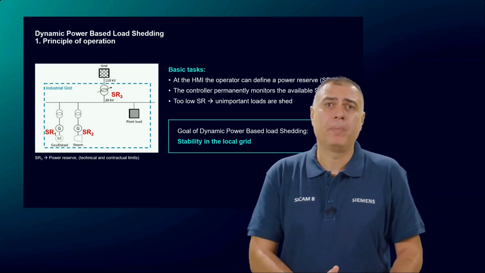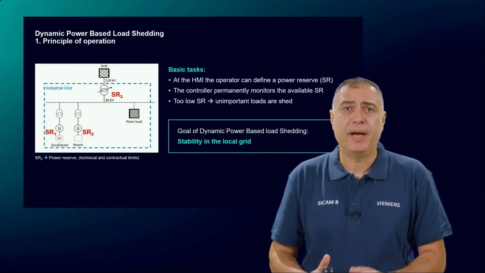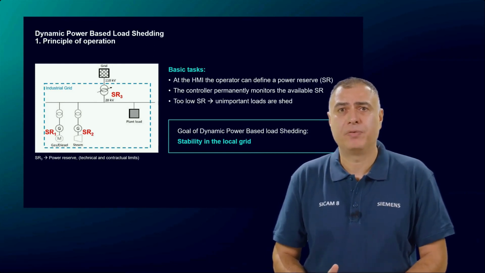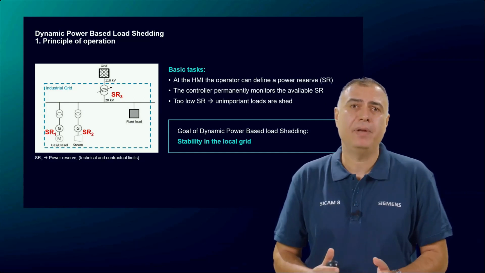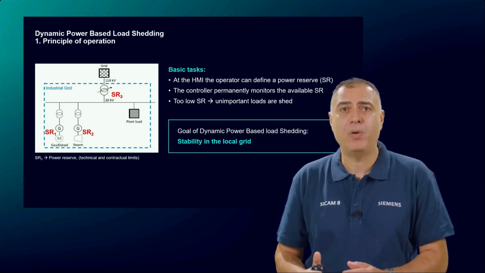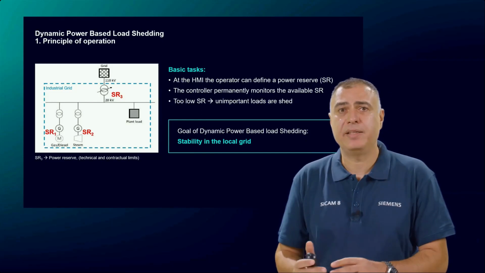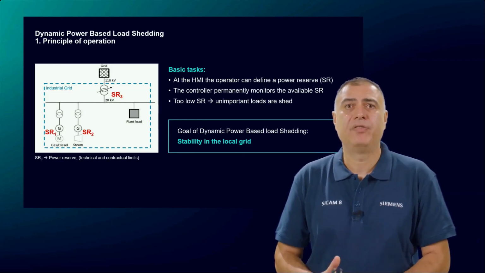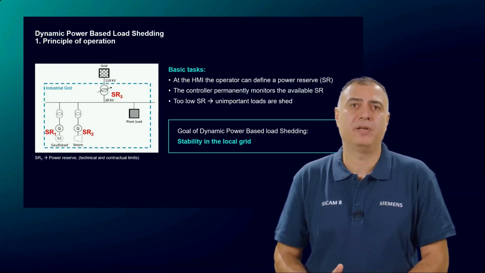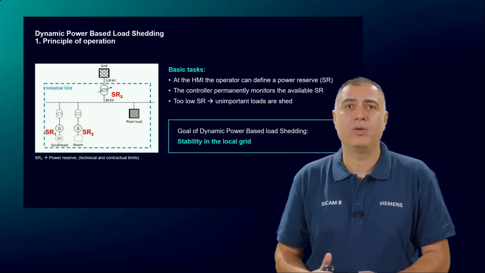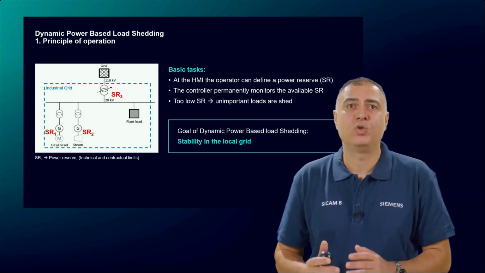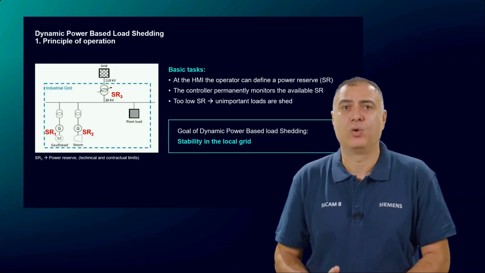On the HMI, the operator can define a desired active power reserve. The controller permanently compares the available active power reserve in the power grid with this desired active power reserve. If the desired active power reserve is not available, then the controller starts to shed low priority loads.